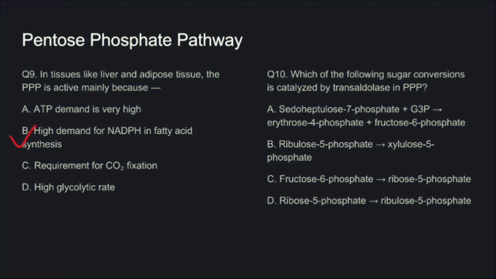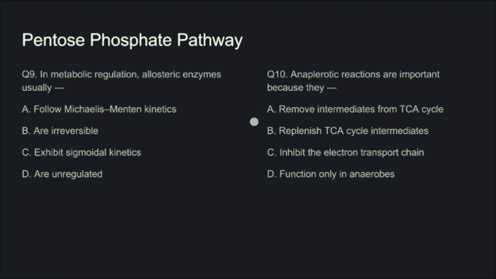C. Fructose 6-phosphate gives ribose 5-phosphate. D. Ribose 5-phosphate gives ribulose 5-phosphate. So the correct answer for this question is option A. Sedoheptulose 7-phosphate plus 3-GP gives erythrose 4-phosphate plus fructose 6-phosphate.